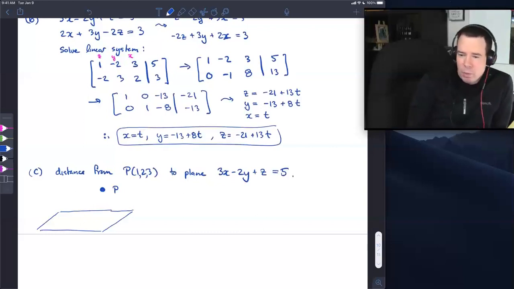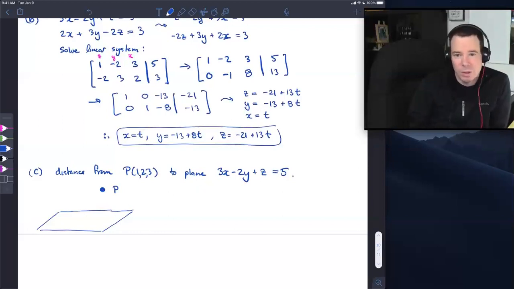We can just plug that point, 1, 2, 3, into the equation. So plugging in x equals 1, y equals 2, z equals 3 into that plane, we get 3 minus 4 plus 3, or 6 minus 3, which is not 5. So it doesn't satisfy the equation of the plane, so you know it's not on the plane.